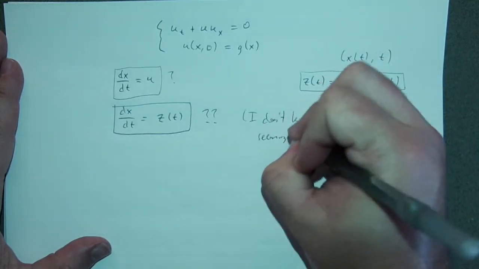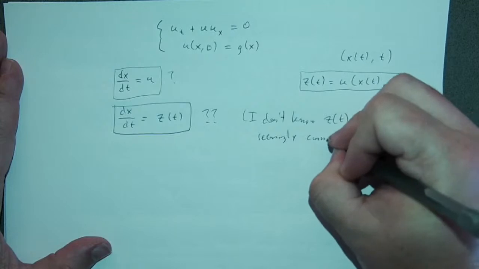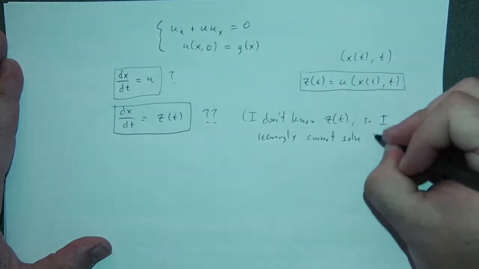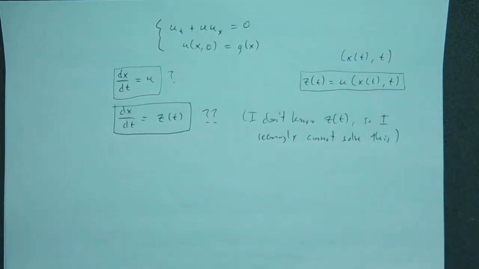So I seemingly cannot solve this. Well, of course, the method of characteristics we developed so far applies to linear and semilinear cases, as we've seen. So we're going to have to think about what to do in this quasilinear case. But before we get there, for this particular example, let's try something else.